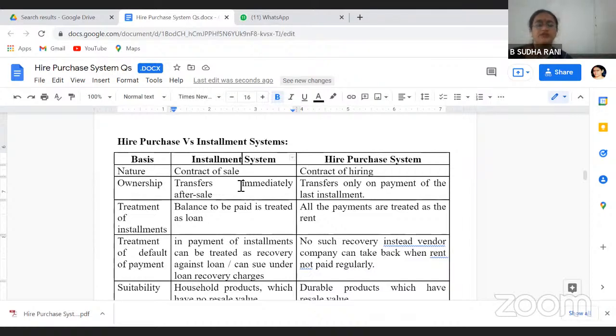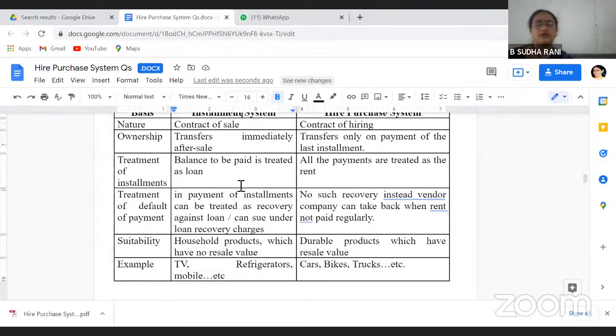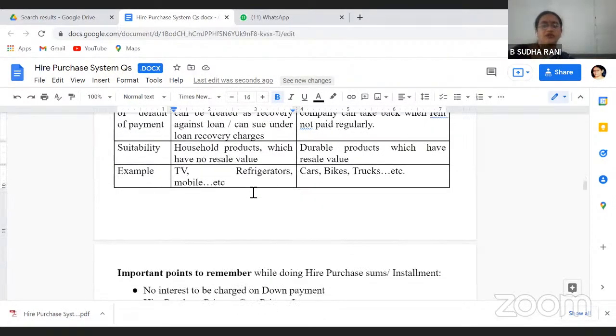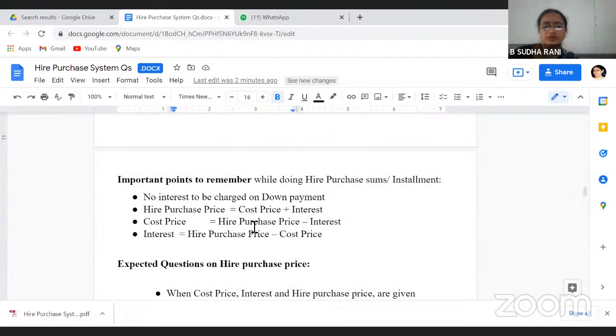Suitability: the installment system is used for household products with no resale value, like TVs, refrigerators and mobiles. Hire purchase is for durable products with resale value, like cars, bikes, trucks, buildings and heavy machines. Now let us see the accounting perspective.